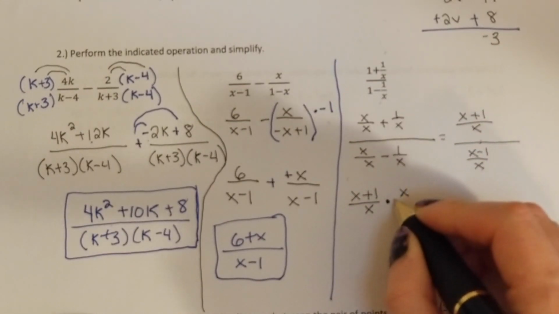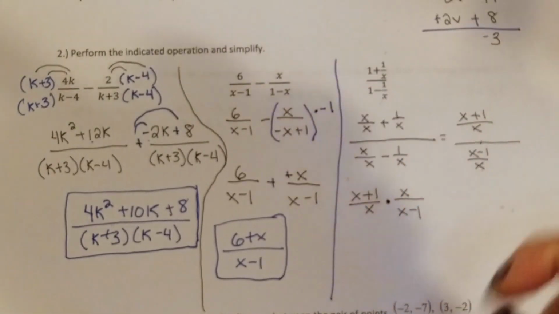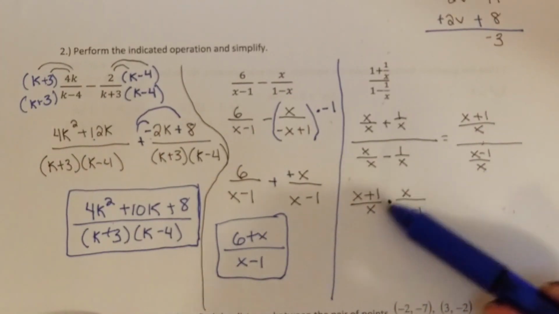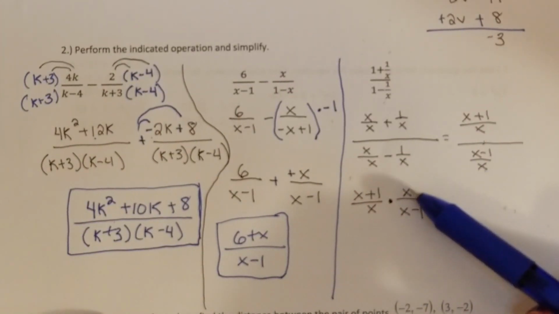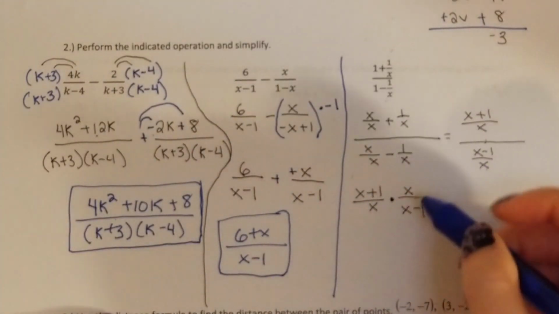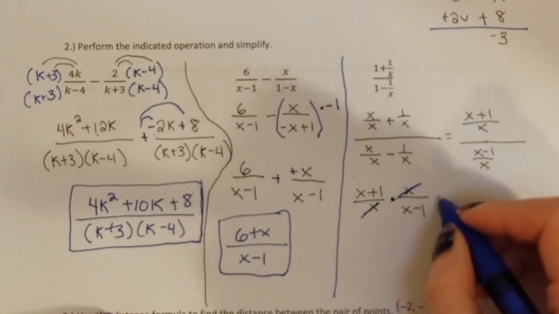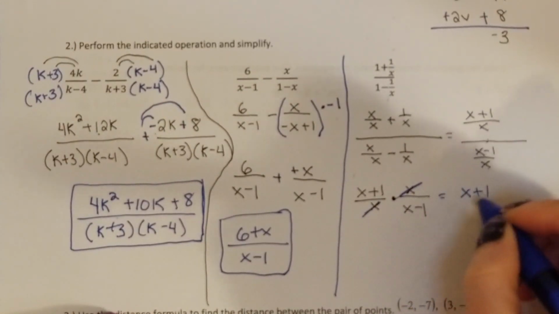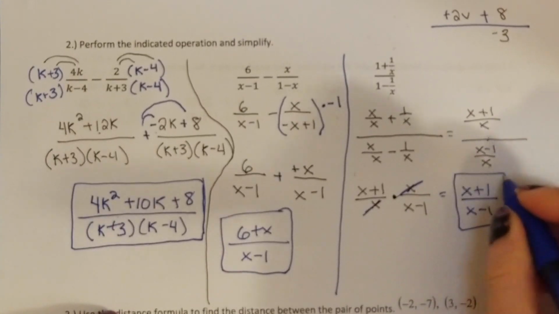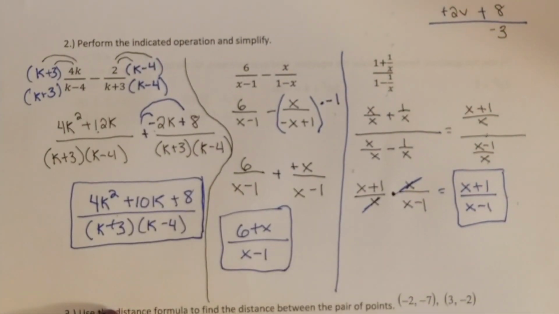So x over x minus 1. If you look at your two x's diagonally, remember the only way you can cancel is diagonally or up and down. You can never cancel sideways. So your x's will cancel. So you're left with x plus 1 over x minus 1. And that would be your answer for that question.